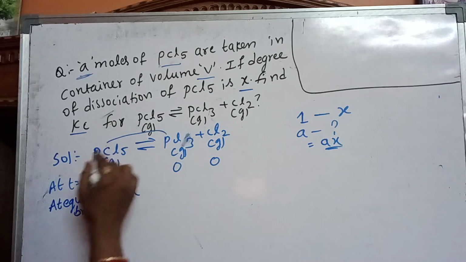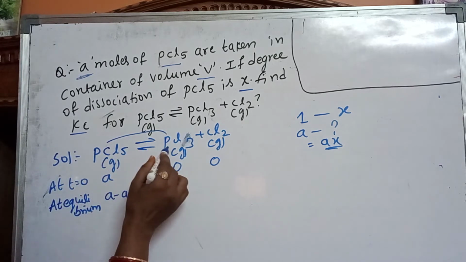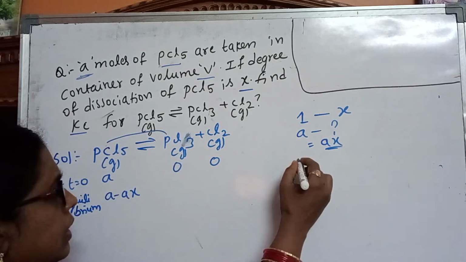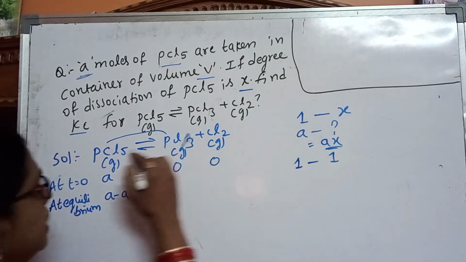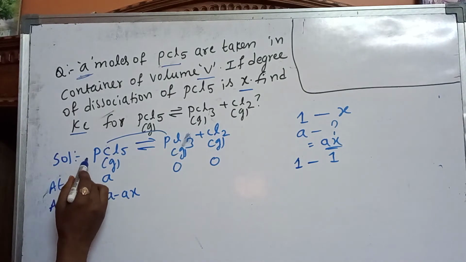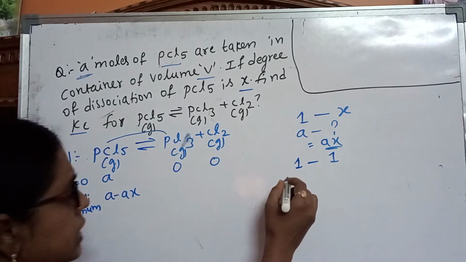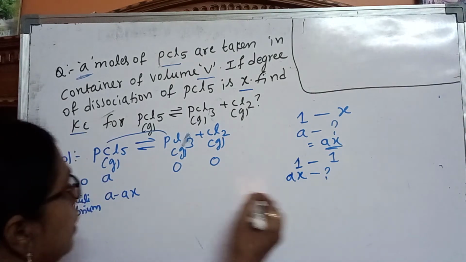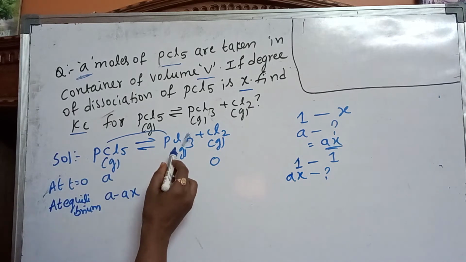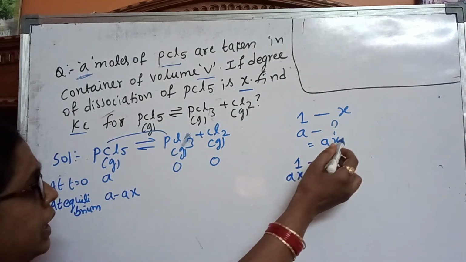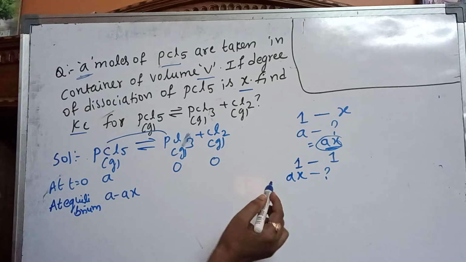Compared to this, here 1 mole of PCl5 forms 1 mole of PCl3, isn't it? From this relation, 1 mole of PCl5 forms 1 mole of PCl3. For AX moles, how much?